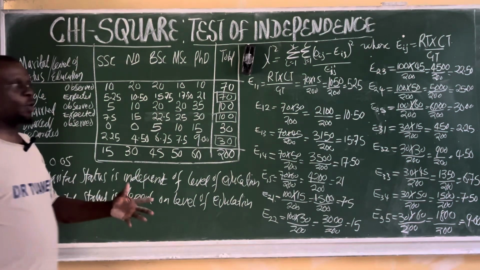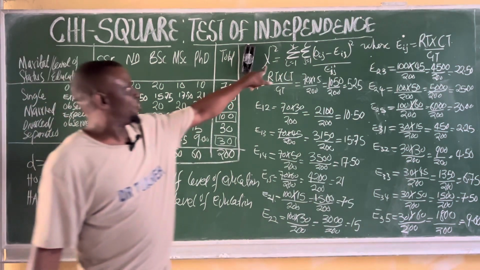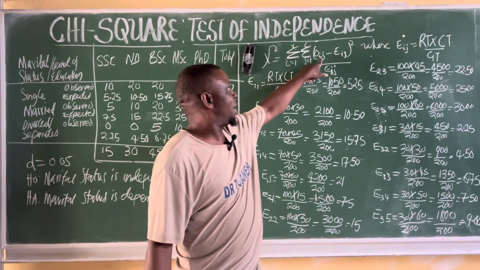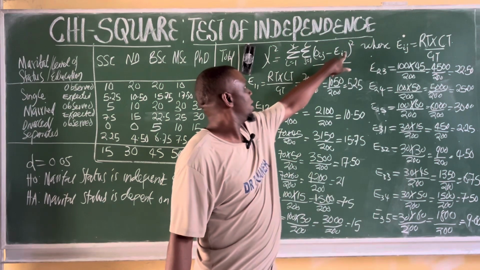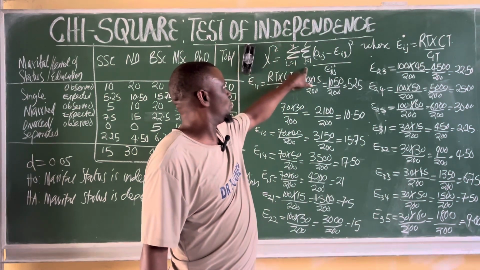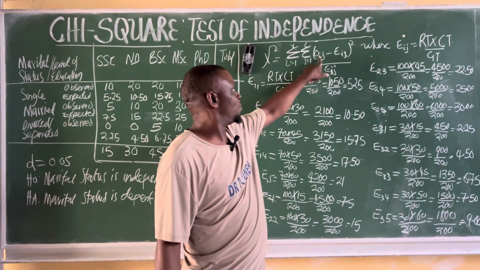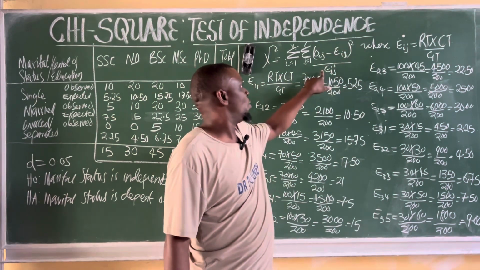Now, to continue with the computation of our test statistics, which is Chi-square is equal to double summation of O's of ij minus E's of ij square, as i goes from 1 to R or j goes from 1 to C, all over this expected value. We say observed minus expected square all over expected.